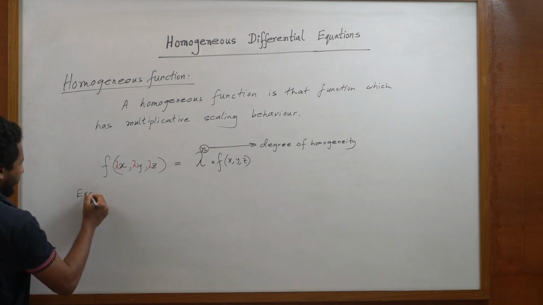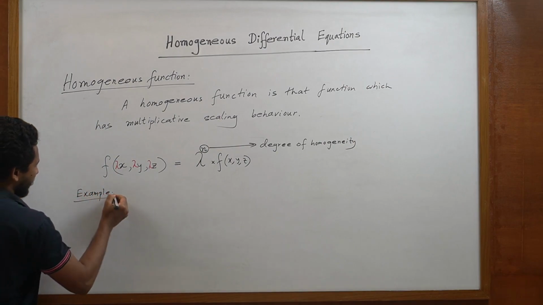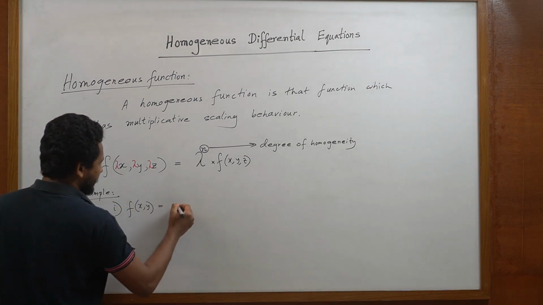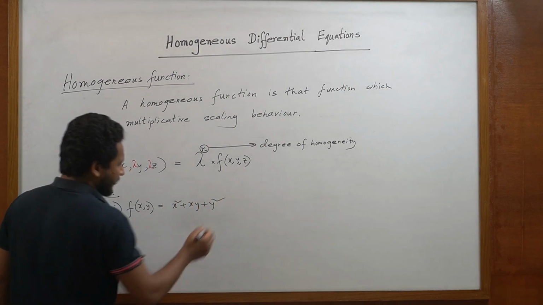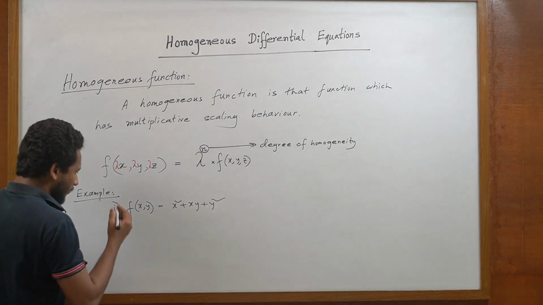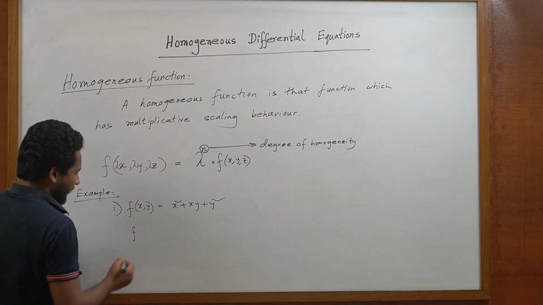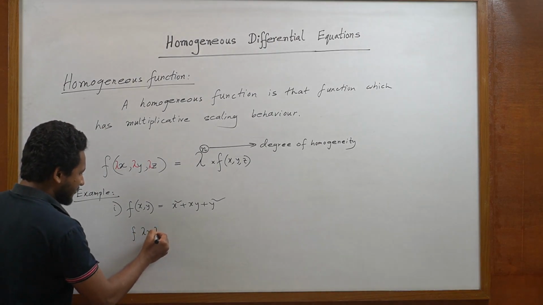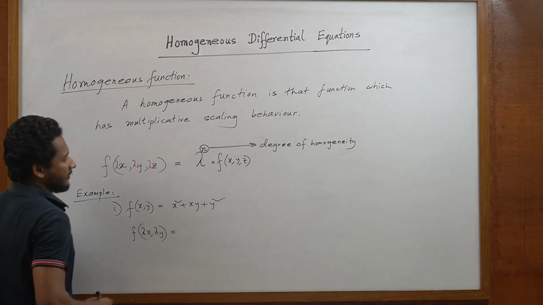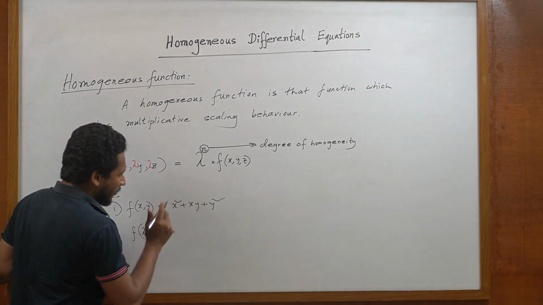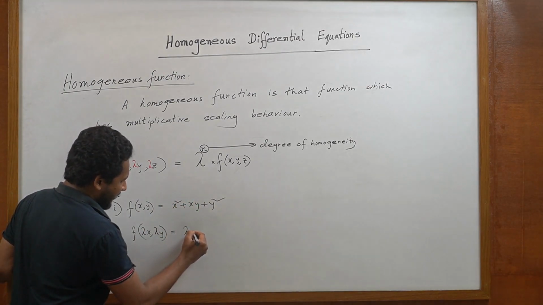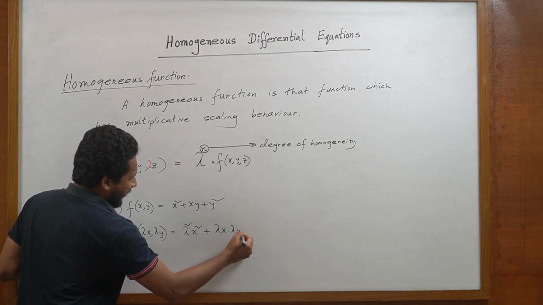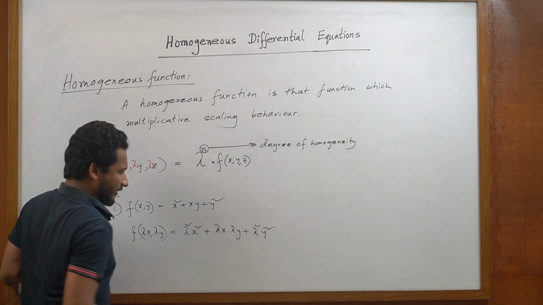Let's take an example. F of x, y equals x square plus xy plus y square. Now we will multiply some scalar quantity with x and with y. This side will be lambda x whole square plus lambda x lambda y plus lambda y whole square.